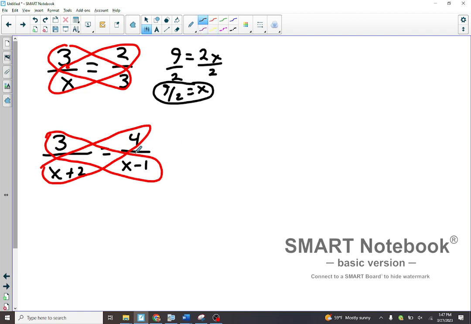We cross multiply because there's an equal sign in the middle. So 3, x minus 1, equals 4, x plus 2. When you distribute, it's going to be 3x minus 3 equals 4x plus 8.